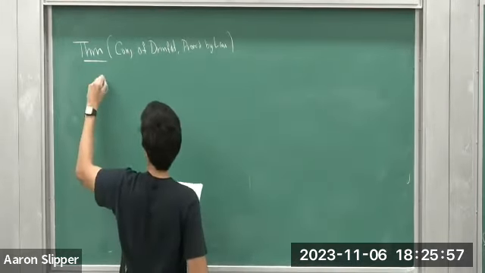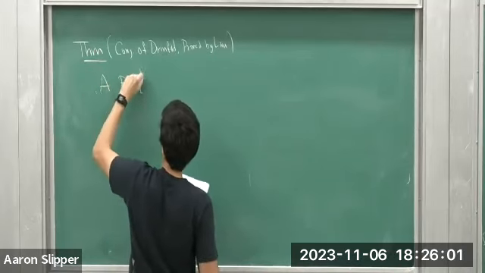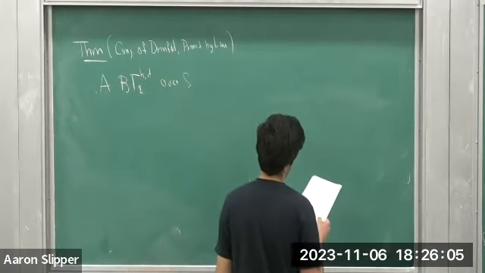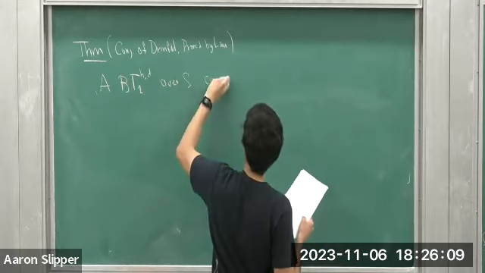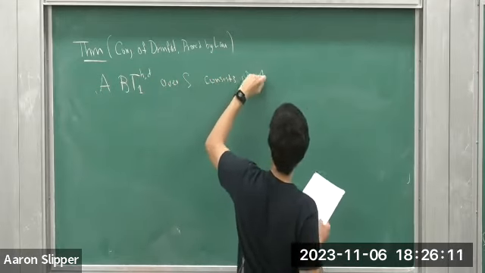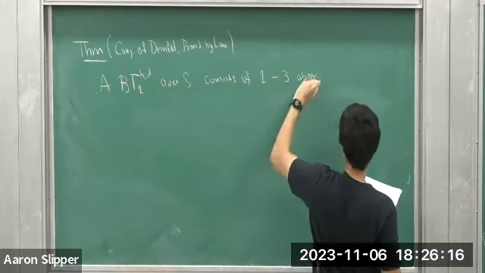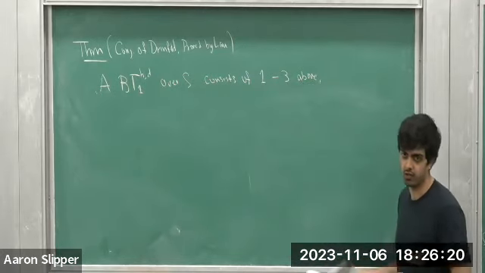So BT1 of S consists of 1, 2, 3 together with a flat connection on that vector bundle satisfying certain extra conditions.